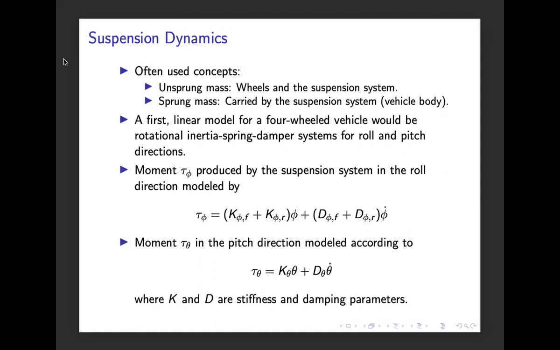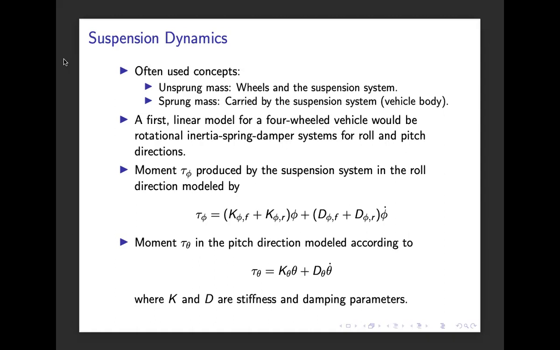So the unsprung and the sprung mass are typically something that turns up when discussing this kind of suspension and quasi-dynamics modeling. And if we consider a very first linear model for a four-wheel vehicle, we would introduce some kind of inertia-spring-damper system in rotational coordinates to be an equivalent of the suspension system and its effects along both the roll and the pitch directions.